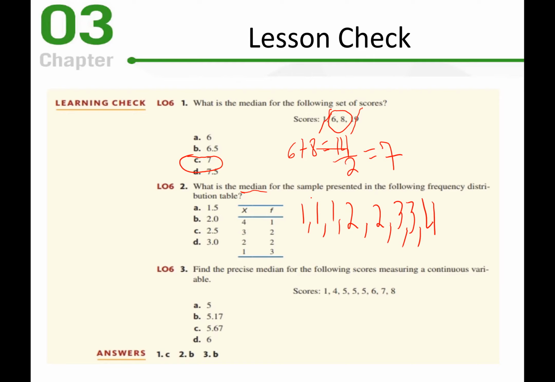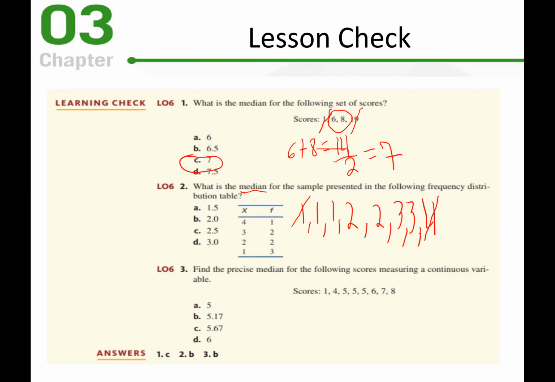Right? So now they are arranged from lowest to highest. And all we have to do is cross out scores until we find the middle point, right? Well, there's 1, 2, 3, 4, 5, 6, 7, 8. So we know already that we're going to have to average something because we have an even number of scores, right? So 1 is the lowest score.